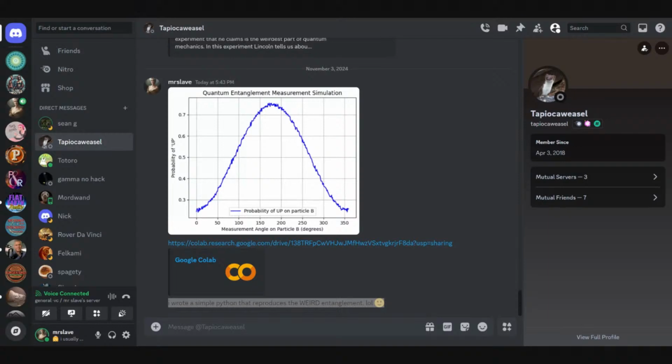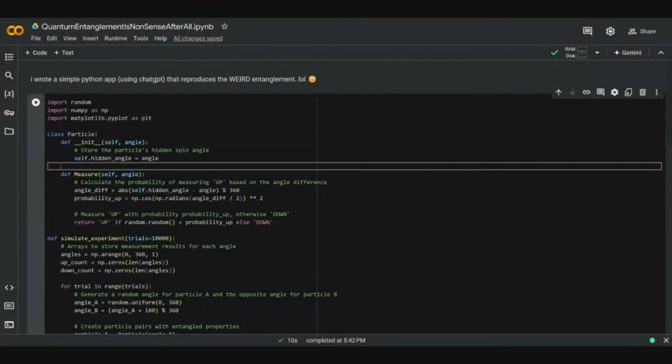That's not a good thing. Okay, when you measure, you shouldn't say cosine. Why are you saying cosine? Measure angle. Calculate the probability of measuring out based on the angle difference.